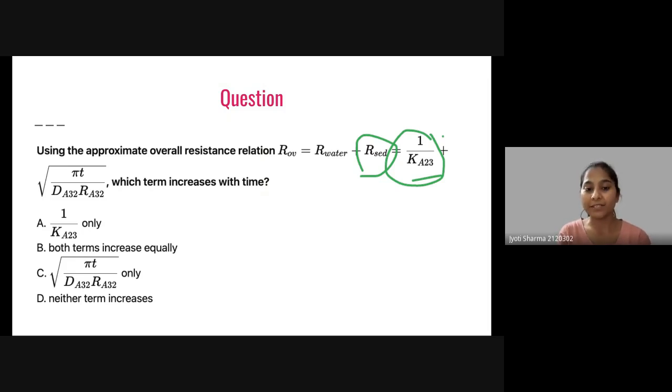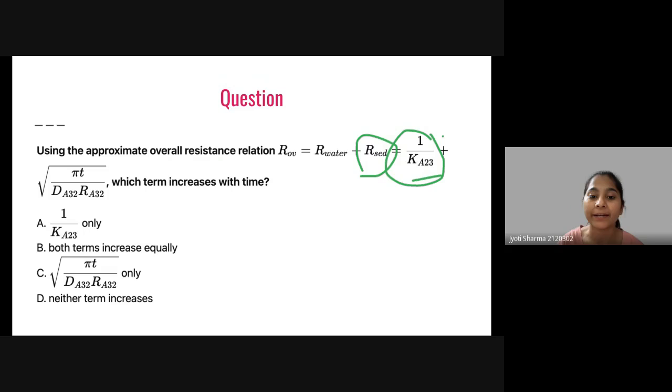So if we have this overall resistance due to water side and due to the sediment side, which term is increasing with the time? I think this is the simpler one. So the term that increases with the time should have the time factor, or you can say the time variable, right?